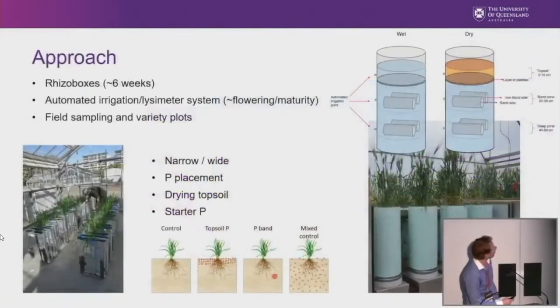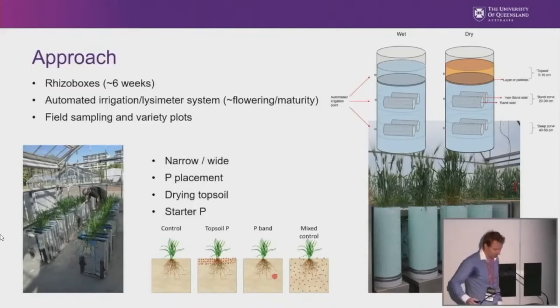What I've been doing the last 2.5 years is trying various approaches, including rhizoboxes. I use an automated lysimeter system that you can see on the right side. I go out in the field and do field samplings. We just planted some small variety plots in the field.